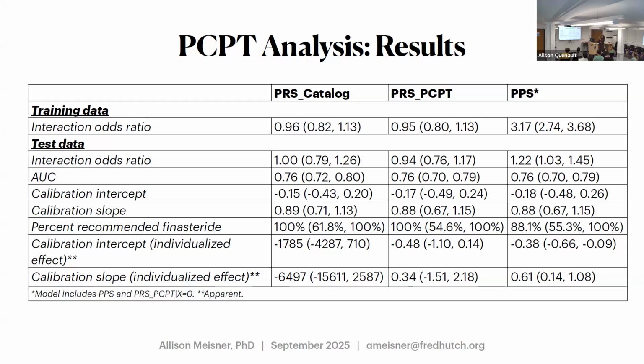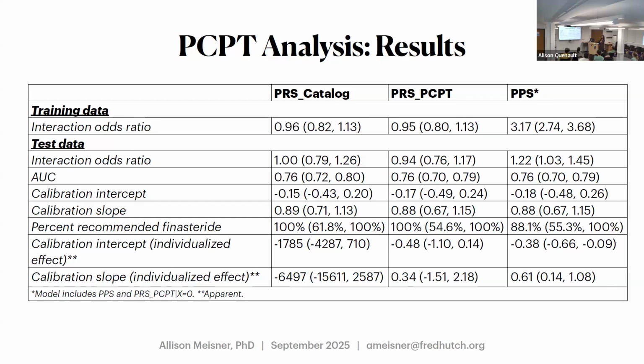The overall AUCs were very similar across the 3 models, which makes some sense because they're including similar factors to predict risk. But the interaction coefficients are not huge, so you wouldn't expect that to have a huge impact on the overall AUC. The calibration intercept is similar, slightly better for the PRS catalog. Not perfect.